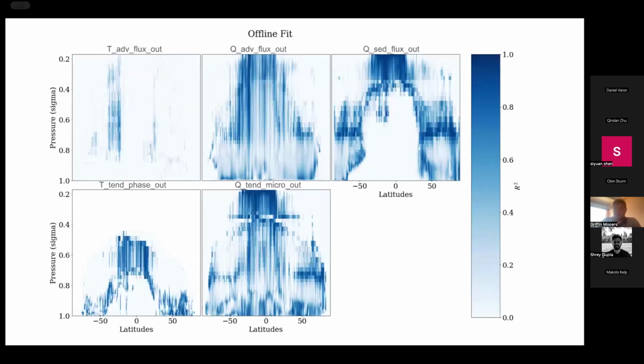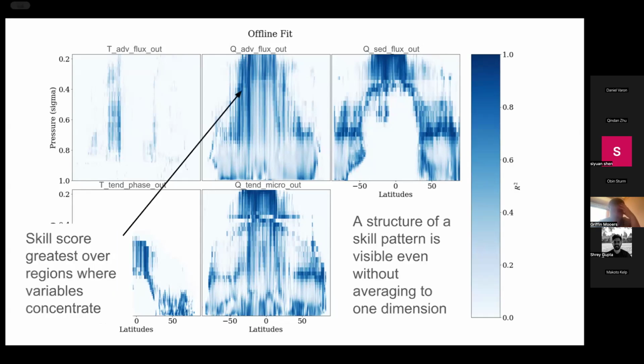If you look at the R squared skill score, you see across the variables it generally learns, but this is limited, and maybe this doesn't come as a surprise. Where the variable is present, the neural network can fit the data better.